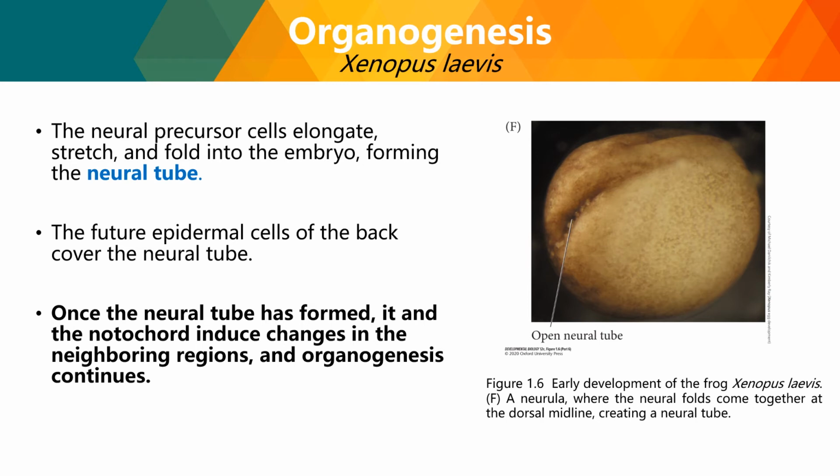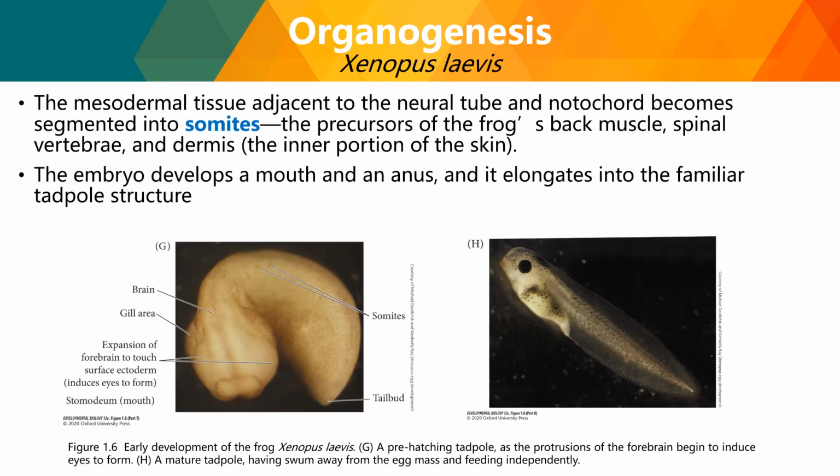So once the neural tube has formed, it and the notochord induce change in the neighboring regions, and organogenesis continues. So the mesodermal tissue adjacent to the neural tube and notochord becomes segmented into somites. Okay, so here. Para siyang mga muscle-muscle sa gilid ng notochord.